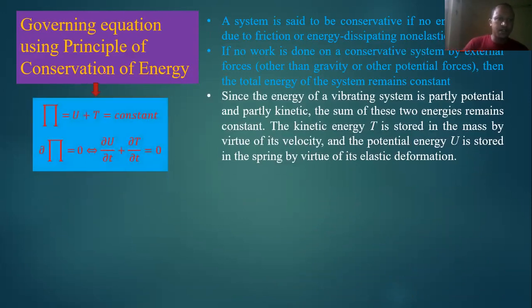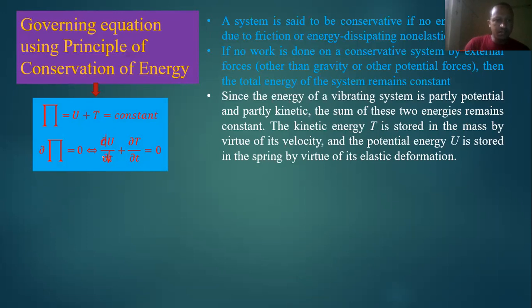According to this conservation of energy principle, let's consider the total potential Pi is equal to U plus T, which is constant, and the derivative of Pi we can write as d.